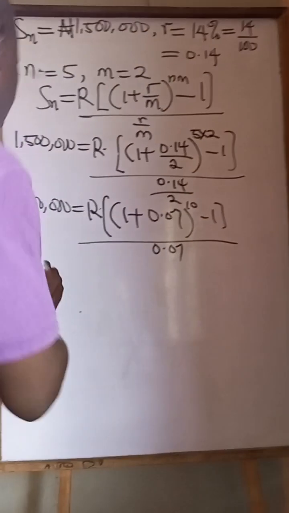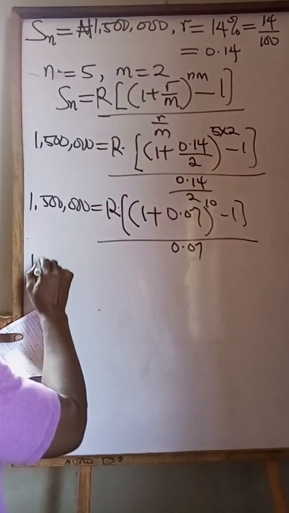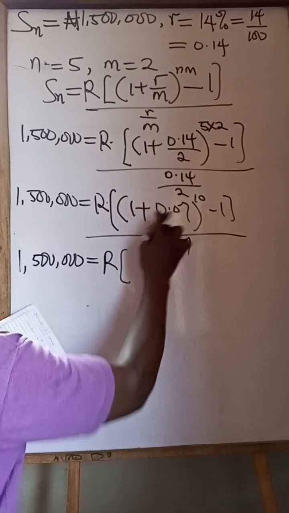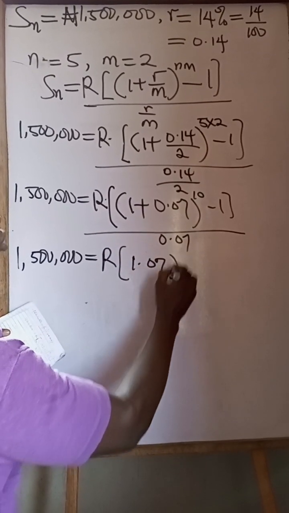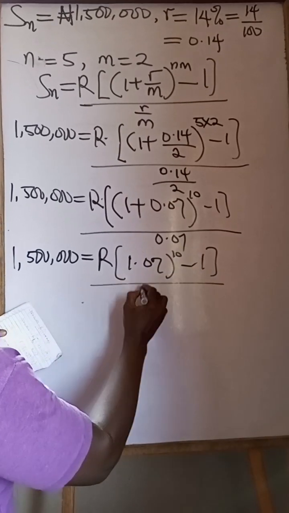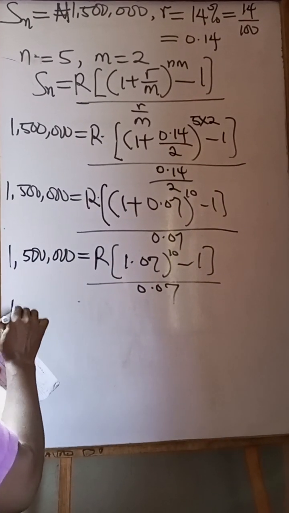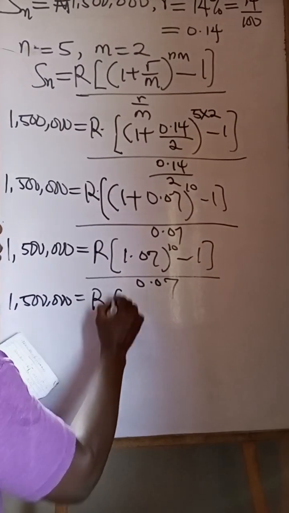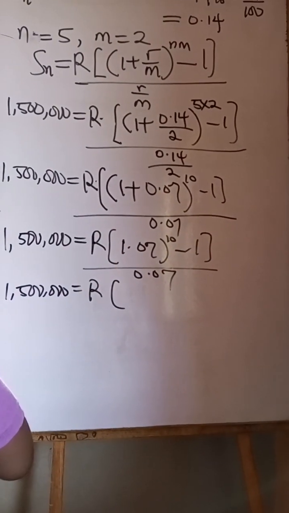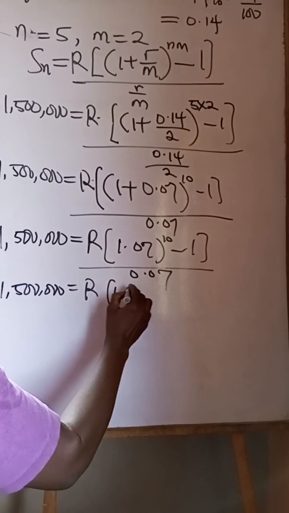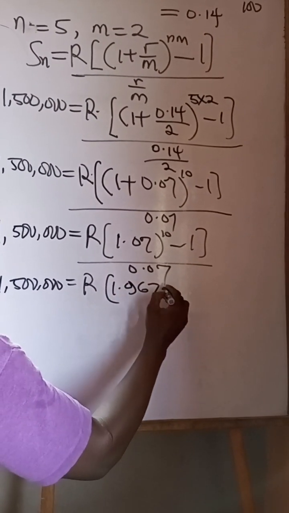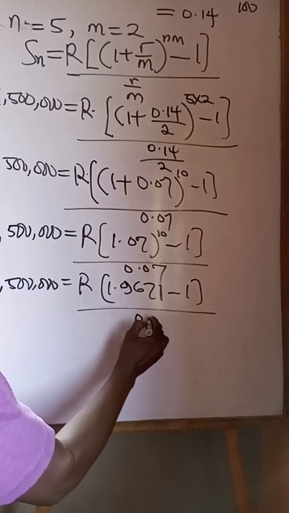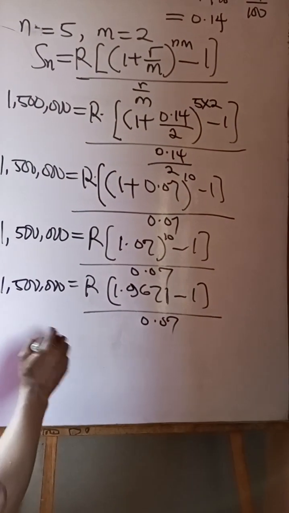At the end of the day, I'm going to have 1,500,000 equals R, and this plus is going to have 1.07 raised to power 10 minus 1, all over 0.07. So 1,500,000 will now be R, then open bracket, this raised to power 10 will give us 1.967151355729, minus 1, all over 0.07.